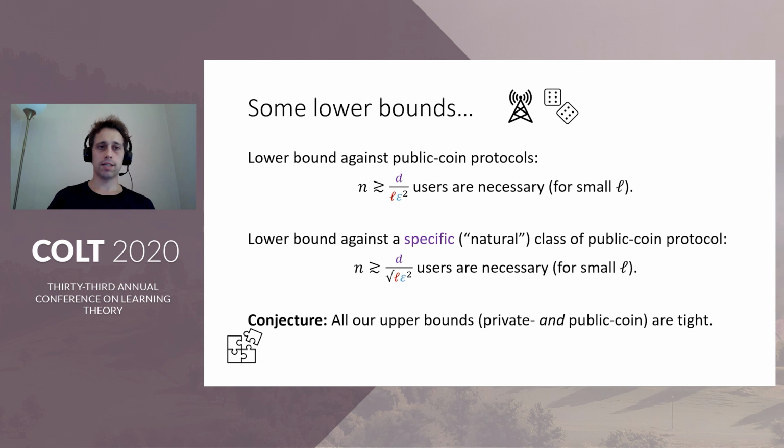We also saw that for a restricted but very natural class of public coin protocols, symmetric protocols, D over square root L epsilon squared users are necessary, which matches our upper bound. And we conjecture all those to be tight. The lower bounds we prove are actually evidence of this. We provide more evidence and discussion in the paper. I encourage you to read it.